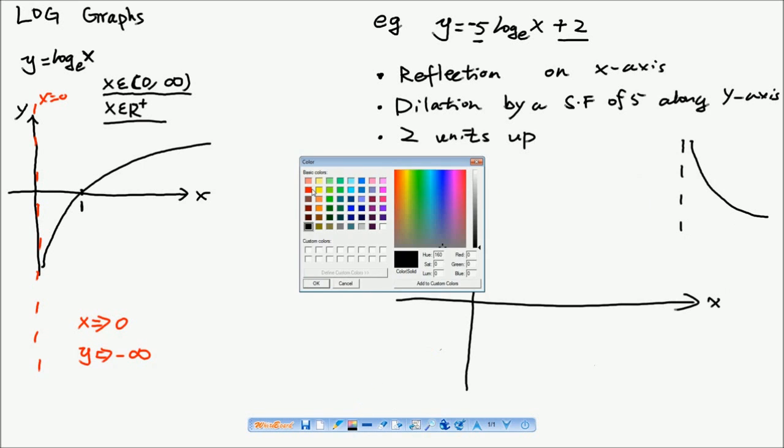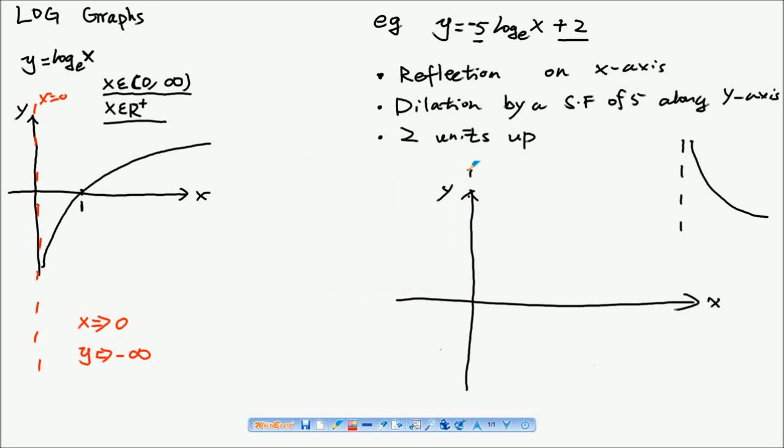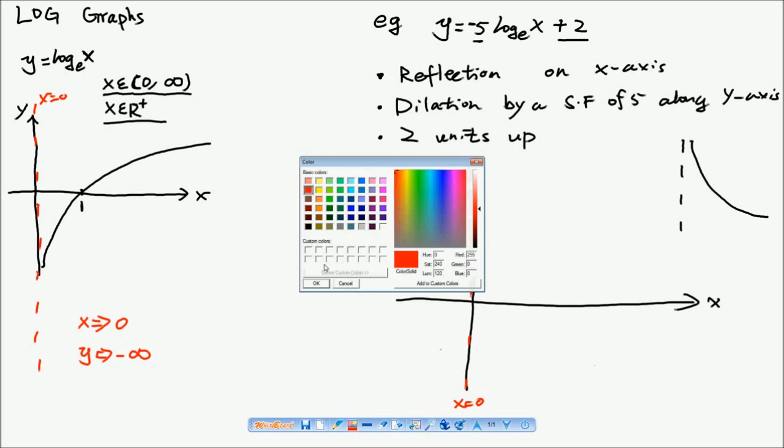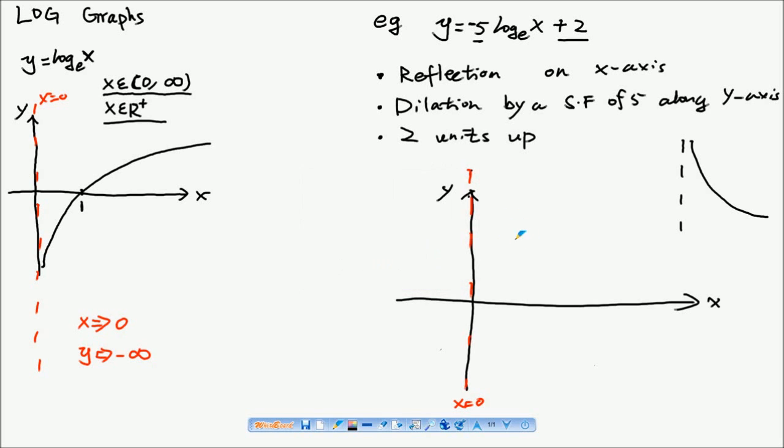Let me label the asymptote first, x equals 0, and the graph should look like this.